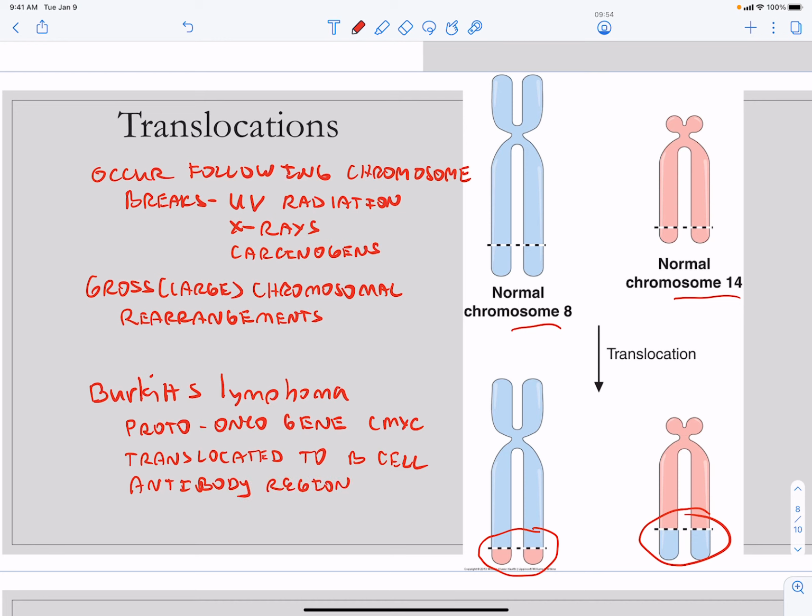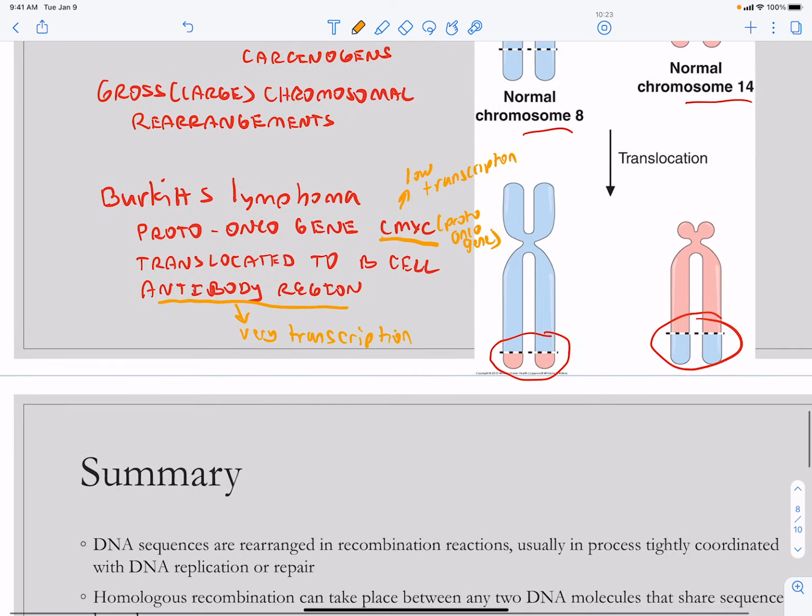And so c-Myc basically moves from low transcription to very high transcription. And so the proto-oncogene gets expressed to abnormally high levels, and that can lead to cancer, a B-cell lymphoma.